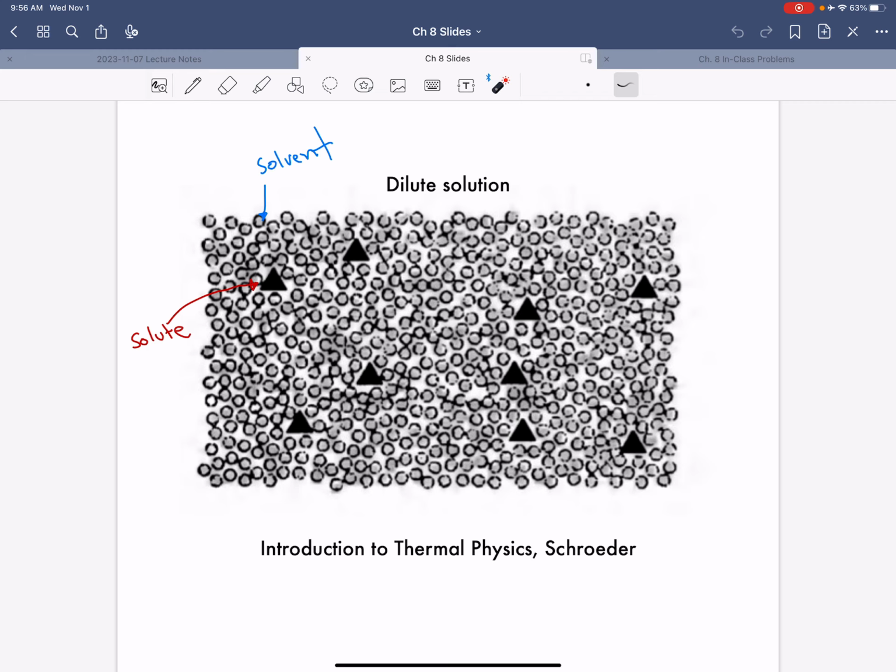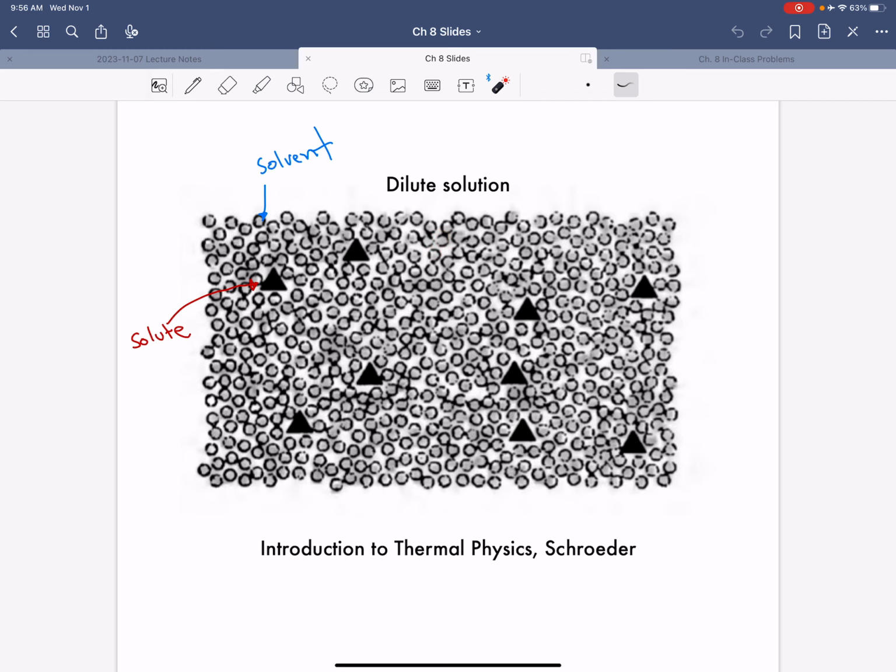In general, when we think of an ideal solution, the assumptions we take are that the interactions between the different constituents are basically the same, and that the molar volumes of the constituents are similar. When we're dealing with dilute solutions, because there are so few solute molecules, the mixture basically just acts as the solvent.